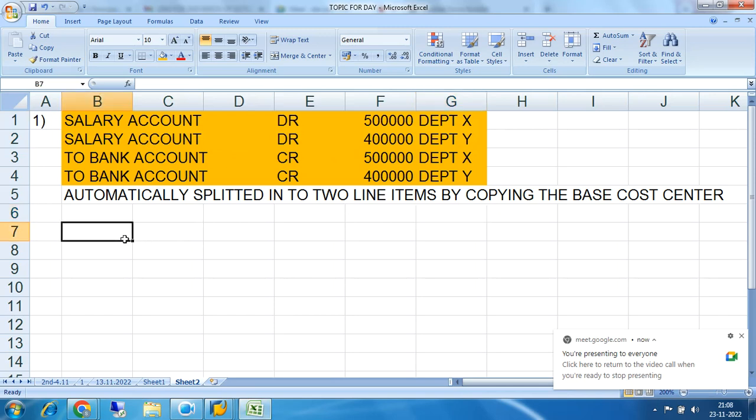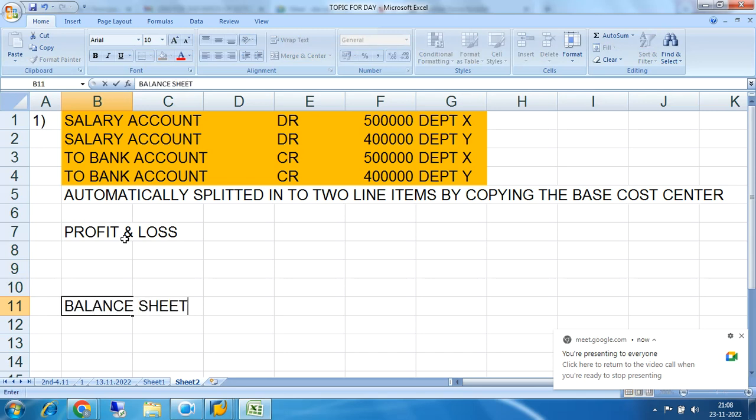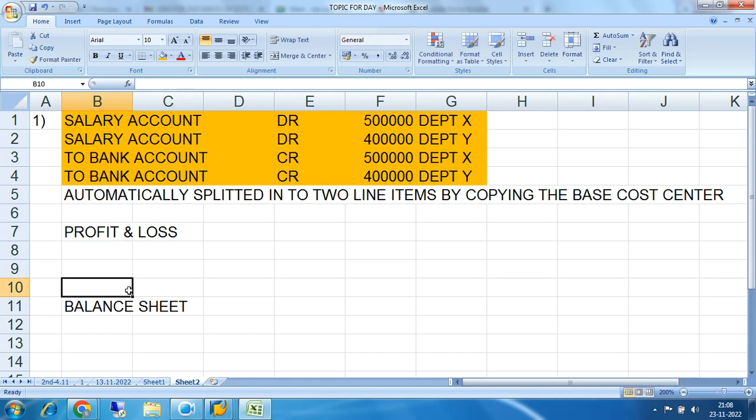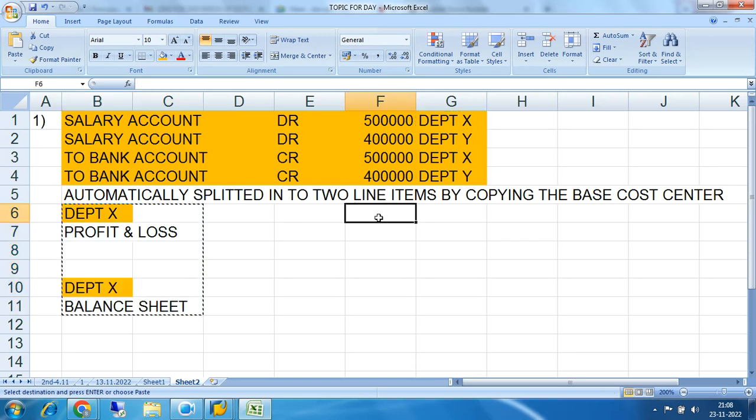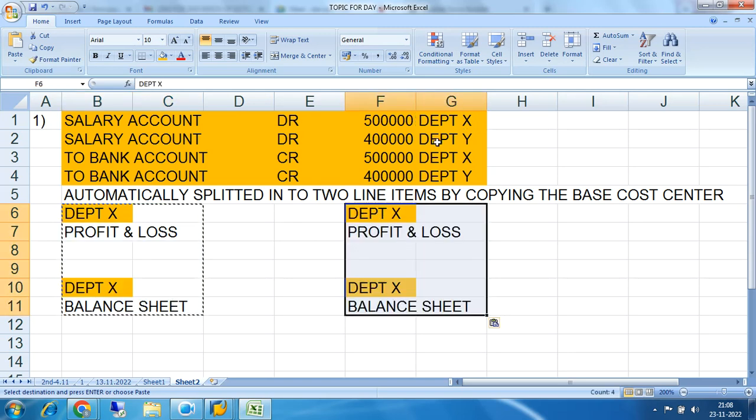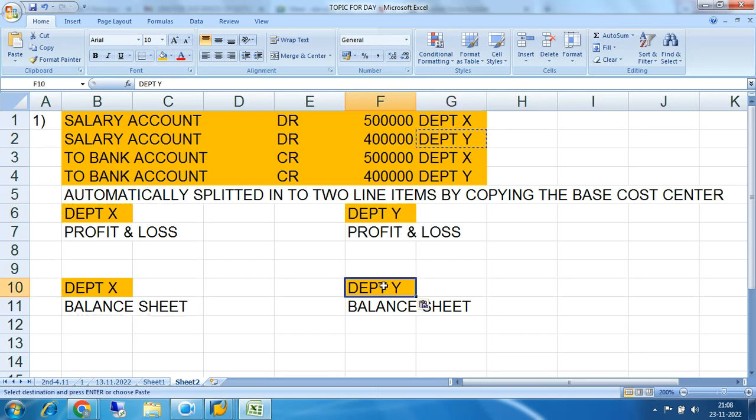Suppose I am preparing the profit and loss account and balance sheet for, say, department X. Profit and loss account of department X and balance sheet of department X. Similarly, let us create another profit and loss account of department Y and another balance sheet of department Y.